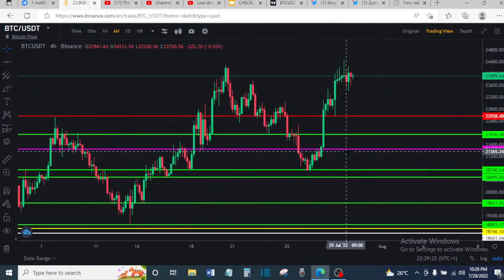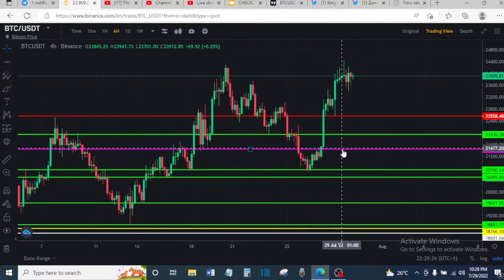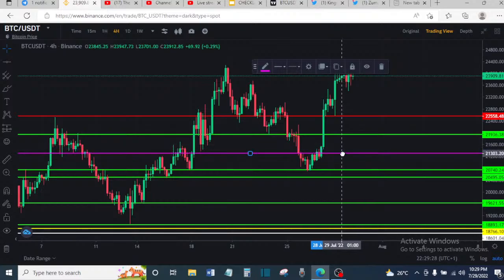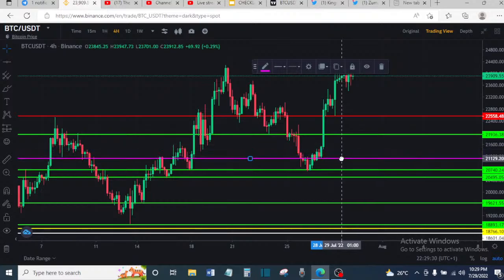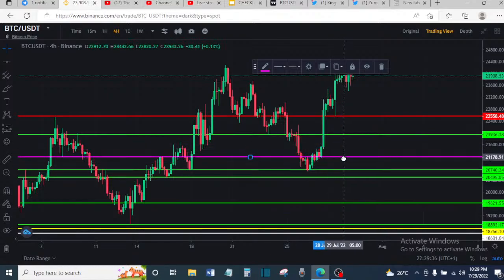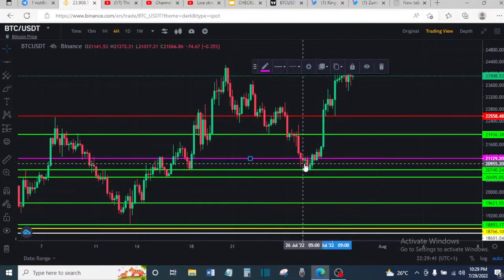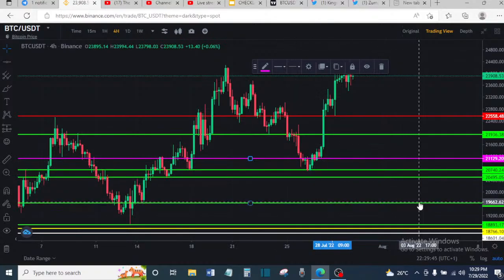So they will bounce here, or they can even come down to as low as this point here. Either this point or this point, either of the two, they can come there, then bounce, then come back down to take out this bunch of stops, sweeping down to 19,600 again.